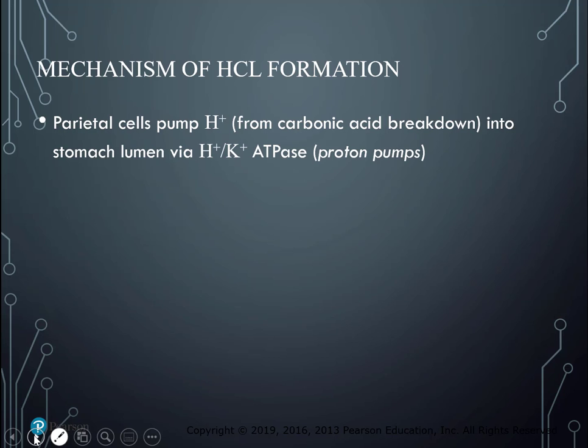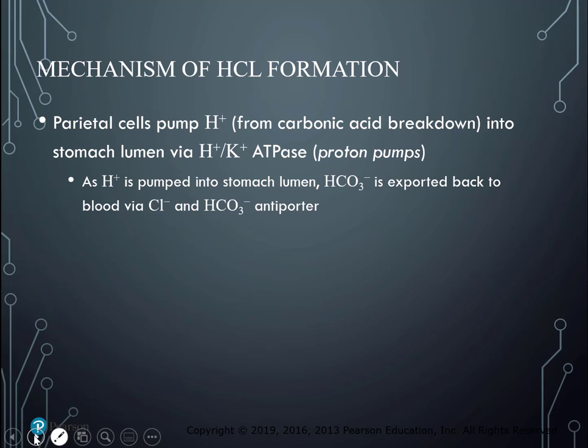So we're going to go just a little bit, okay, we're not going to go so deep into the mechanism of hydrochloric acid formation, but we just want you to know, to add up, that the parietal cells are the ones responsible for producing HCl. The parietal cell pumps hydrogen ion from the carbonic acid breakdown into the stomach lumen via your hydrogen-potassium ATPase proton pumps.